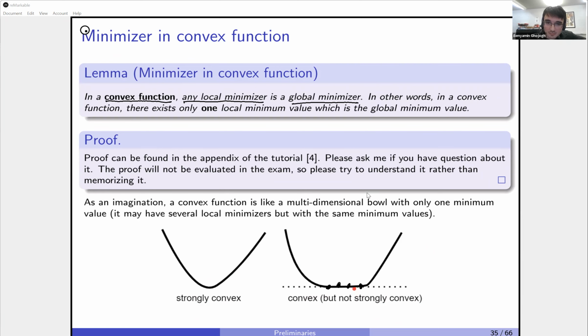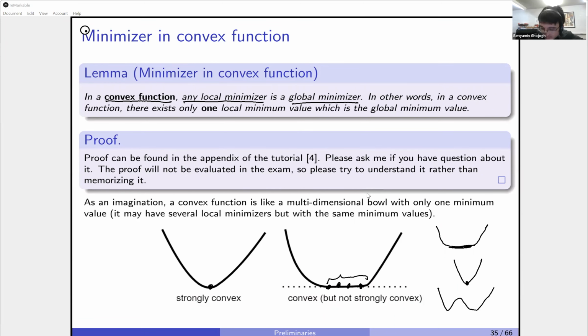But when we have a strongly convex function, we only have one local minimizer. And in a convex function or strongly convex function, all of the local minimizers are global minimizers. In a convex function, we always either have this case or we have this case.